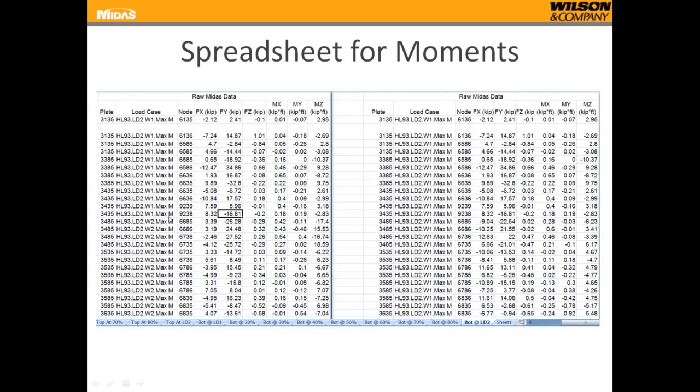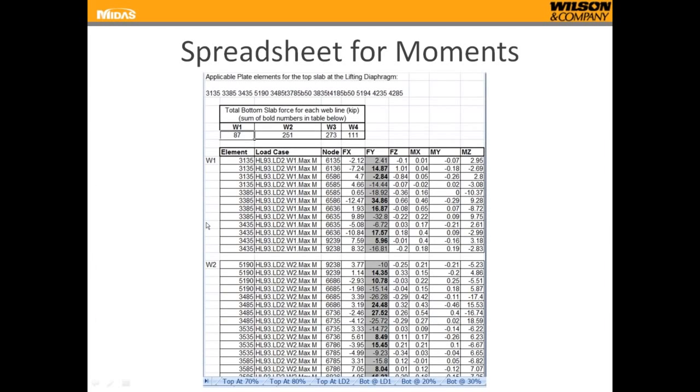From this table, I created this table, which boiled it down a little further. So for each web, there are the elements here, and which load case was used, just to avoid any errors. I could verify that for W1, we're looking at the HL93 load for lifting diaphragm 2 maximum moment for web 1 here, and then for web 2 here, similarly for web 3 and web 4.